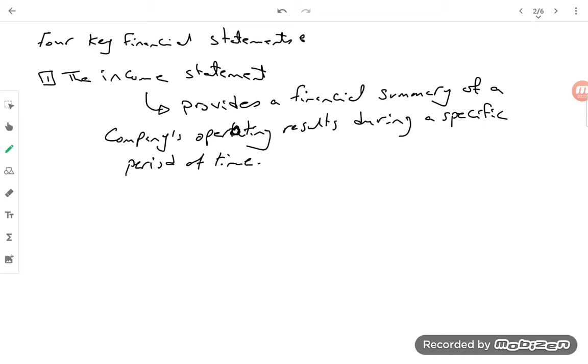So it's like a summary of sales revenue, any costs that have to be paid, such as cost of goods sold, in order to calculate gross profit. And then we have to deduct any expenses, such as selling expenses or lease expense, depreciation, etc. Then we have the total operating expense. From this we can calculate the operating profit.